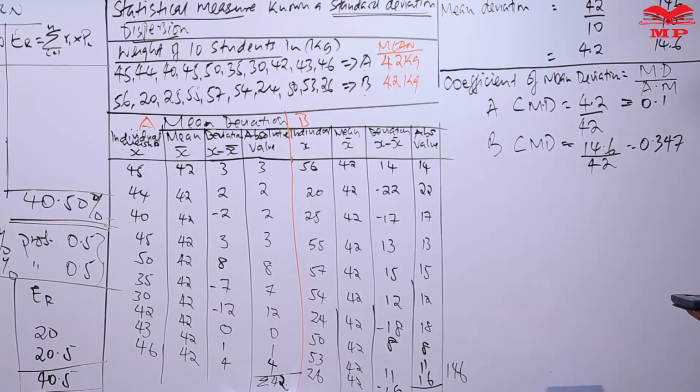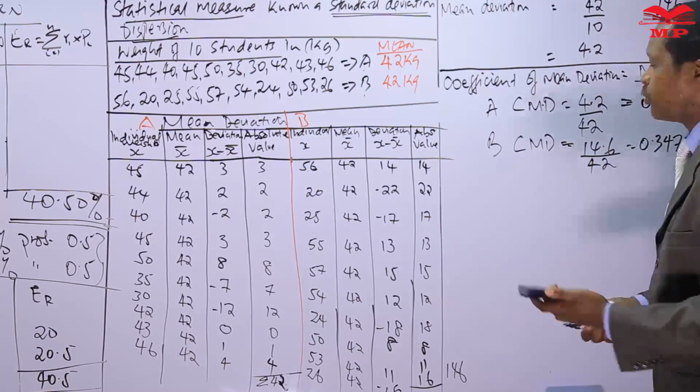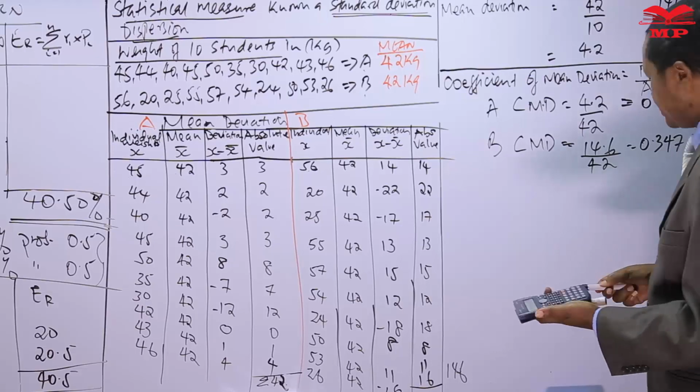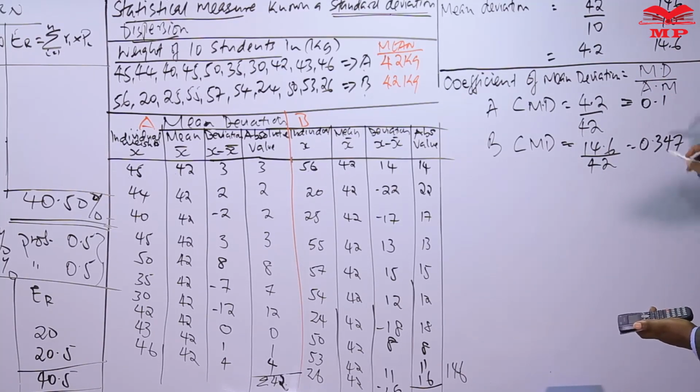So a higher value of the coefficient of mean deviation indicates that the individual weights are widely dispersed away from the arithmetic mean.